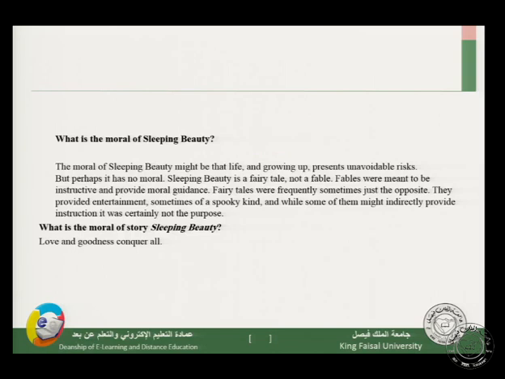Now, what is the moral of Sleeping Beauty, and what is the theme of Sleeping Beauty? There are many moral lessons that we learn from Sleeping Beauty. The moral of Sleeping Beauty might be that life and growing up presents unavoidable risks.